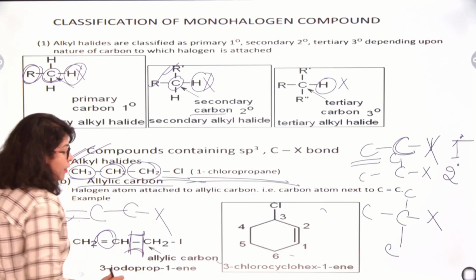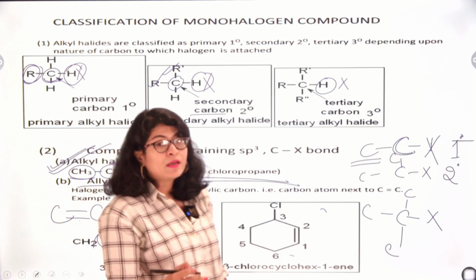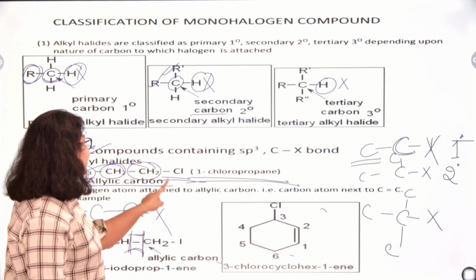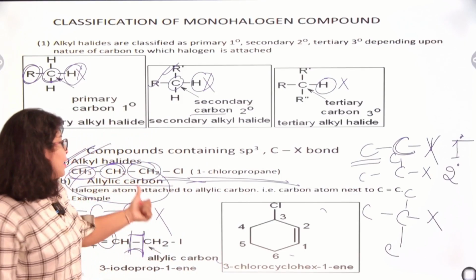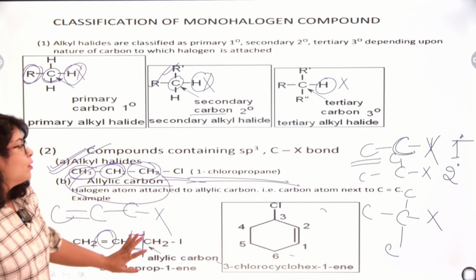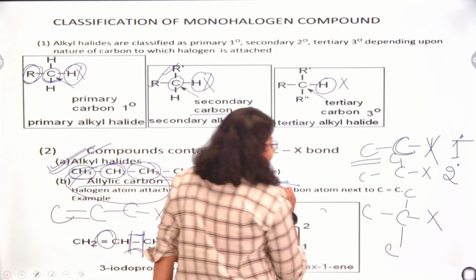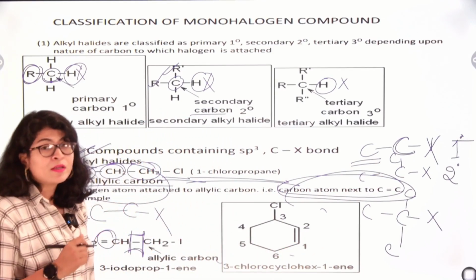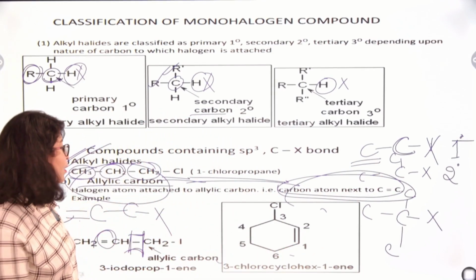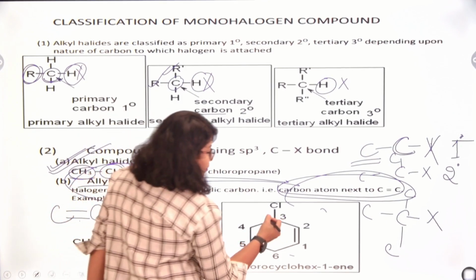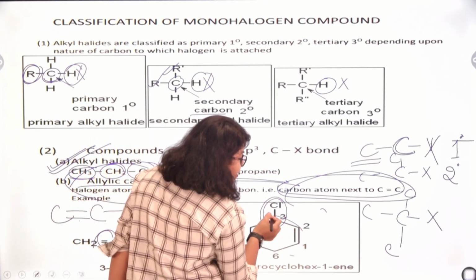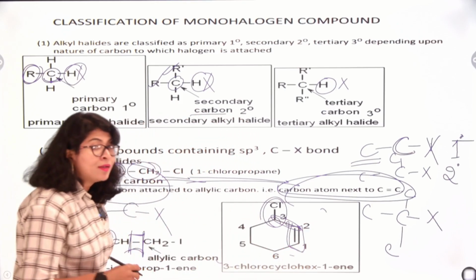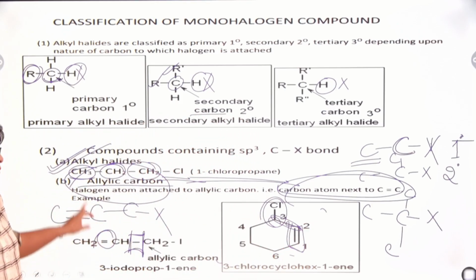Halogen atom attached to allylic carbon, that is the carbon atom which is next to the carbon-carbon double bond. Okay, this is called an allylic system. You can see here, this carbon halogen bond is separated by a single bond before encountering a double bond. So this forms an allylic system.